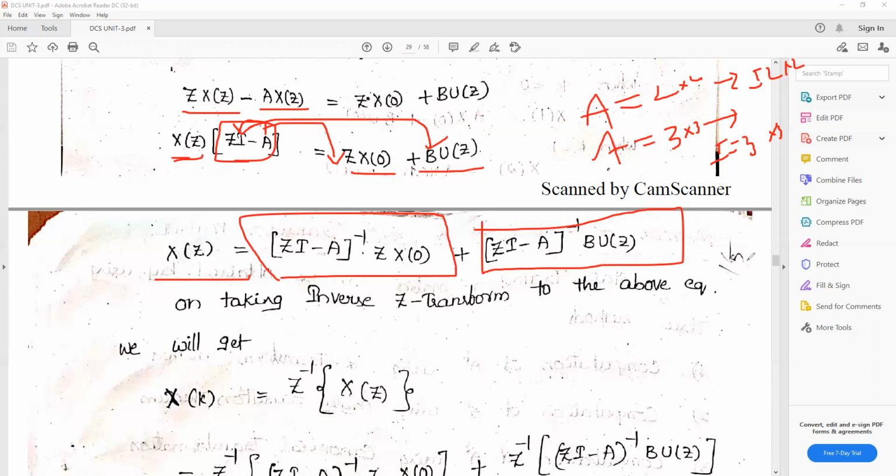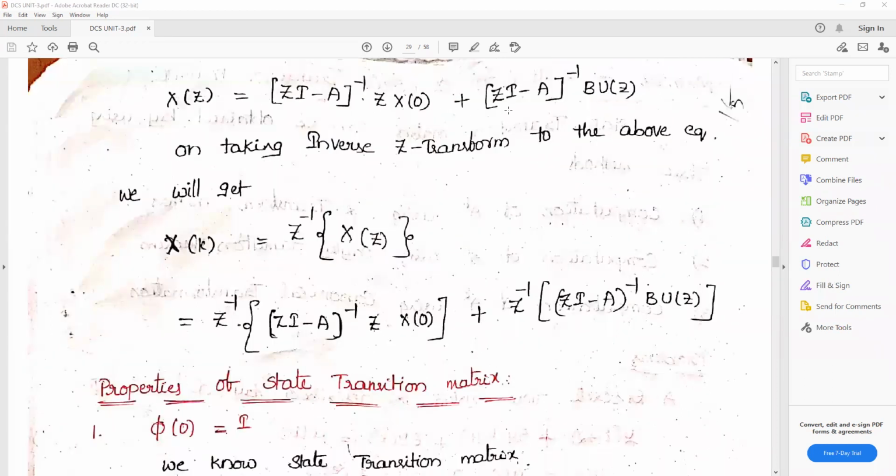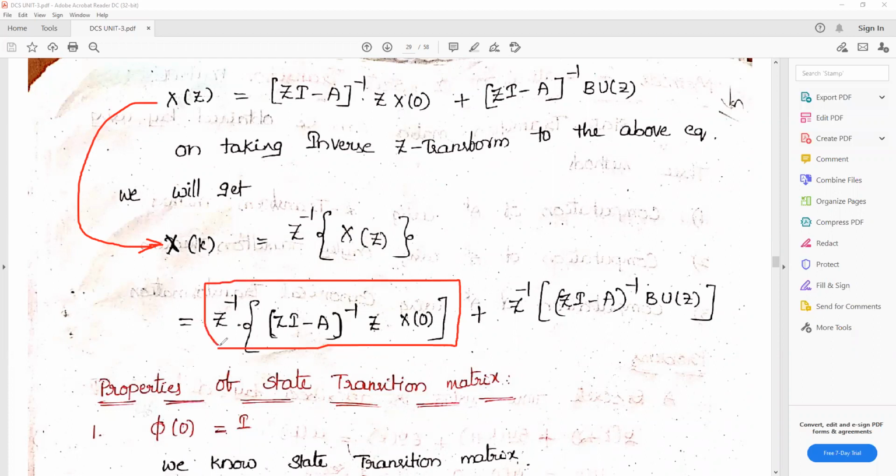Okay, so on taking inverse z transform on the above equation, the inverse z transform of x of z is x of k, and the inverse z transform of zi minus a whole inverse into z into x of 0, and the inverse z transform of zi minus a whole inverse into b into u of z.